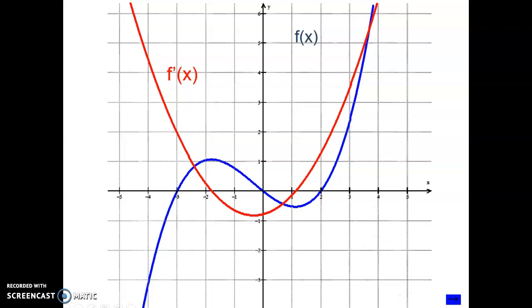Now, if I took the derivative of that curve, notice when this red curve, the derivative curve, has a horizontal tangent line, its derivative, the second derivative, would equal 0. And notice the first derivative is negative on the interval from negative infinity to about -0.2 or so, so the second derivative curve should have negative values, below the x-axis.